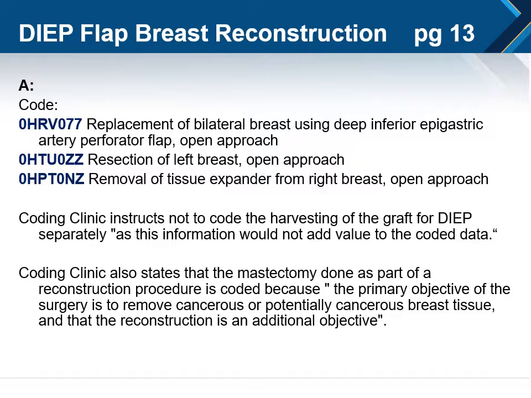Coding Clinic also states that the mastectomy done as part of a reconstruction procedure is coded in this instance because the primary objective of the surgery is to remove the cancerous or potentially cancerous breast tissue, and that the reconstruction is an additional objective.